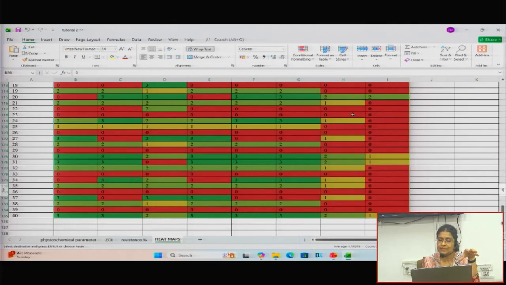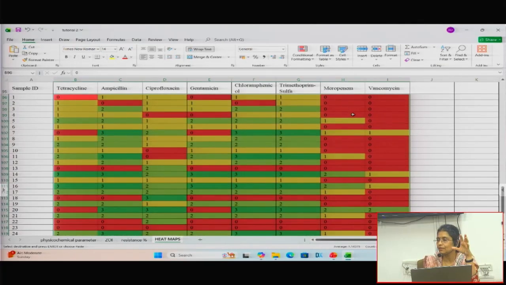So this is another way of representing it as a heat map, which is going to give more data for the resistance patterns. Yeah. So you would see such things in most publications also. You can either remove that 0, 1, or these days they even retain it also.